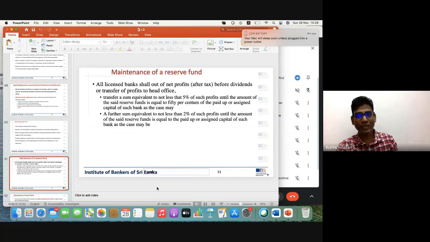You may be thinking that for your work, for the time being, some of the aspects are not directly relevant to you, but these are directly relevant to the subject. Whenever you go around your bank, moving from one department to another, you need to understand, at least keep in your mind, that these aspects are in the directions and the Banking Act, and there are a lot of regulations behind each and every piece of your work.